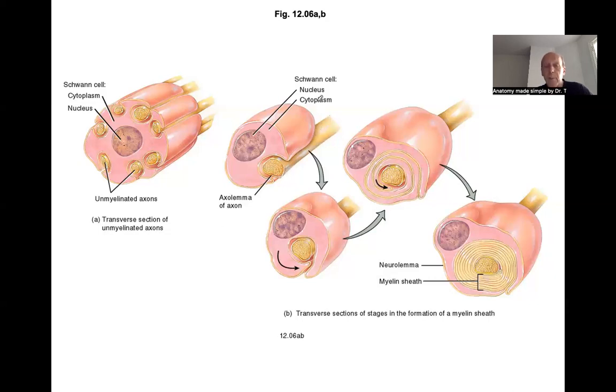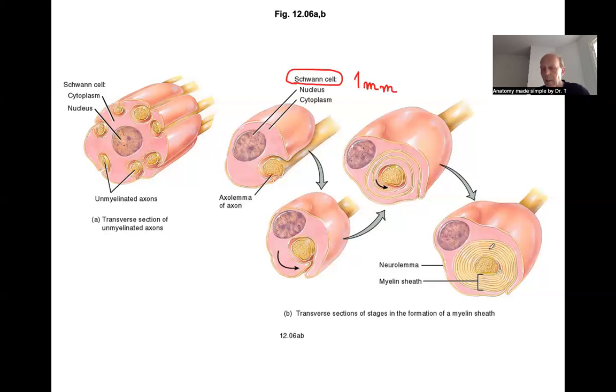For nerves in the peripheral nervous system, it is the Schwann cell, which produces myelin by wrapping itself multiple times around the axon. Length that could be covered by a single Schwann cell is 1 millimeter, so 1/1000th of a meter, or 1/25th of an inch if you're more familiar with imperial system than metrics.